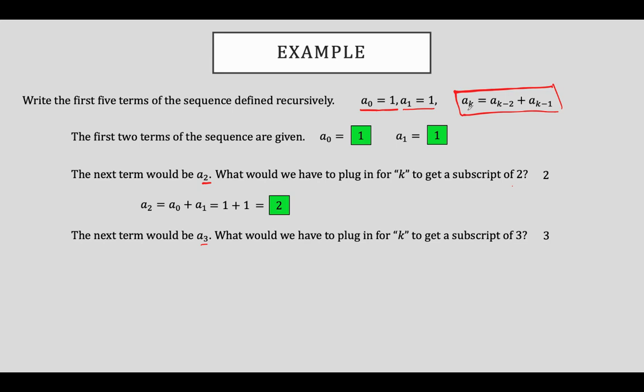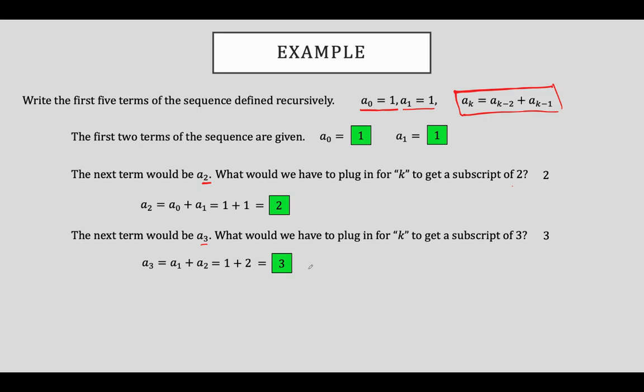That would give me a subscript 3 is equal to a subscript 1 plus a subscript 2. A3 equals A1 plus A2. A1 is equal to 1. A2 is the term that we found previously, 2. 1 plus 2 gives us 3. So we've got 4 terms now.